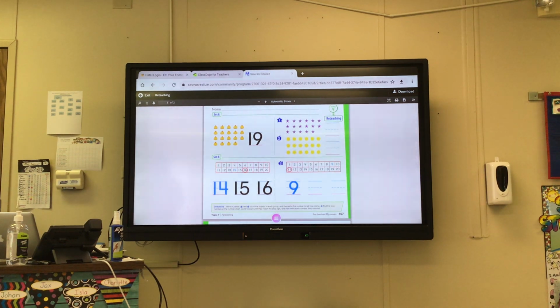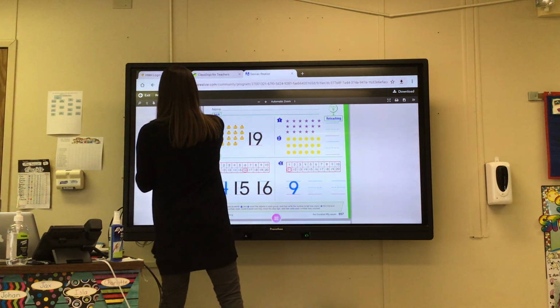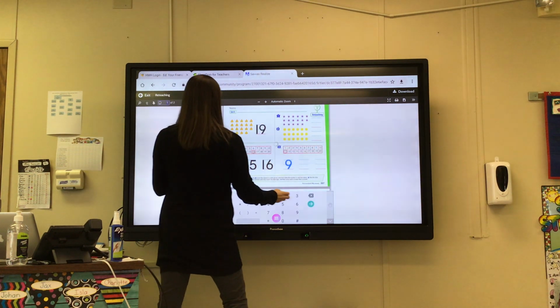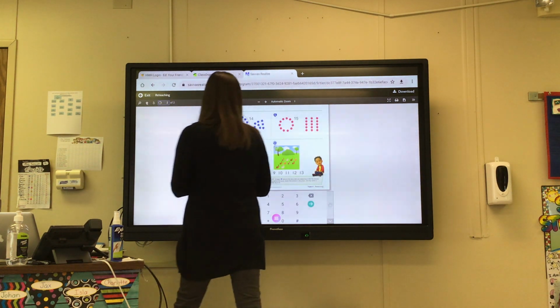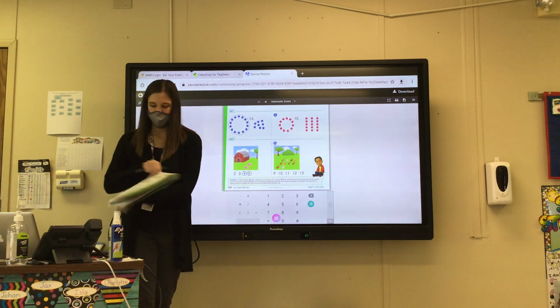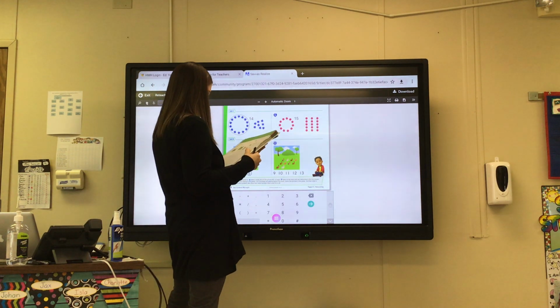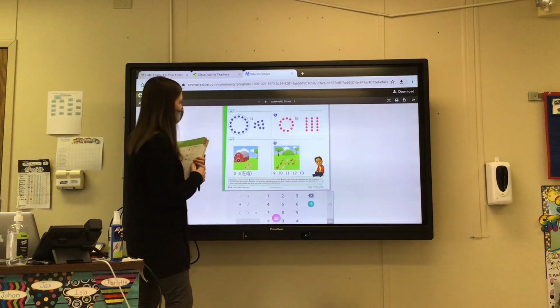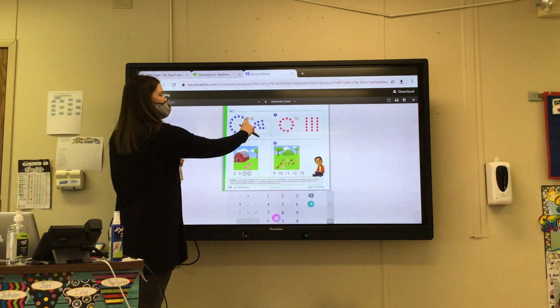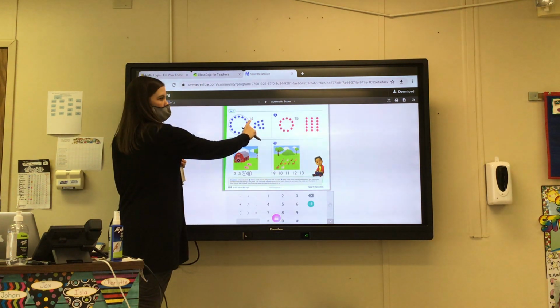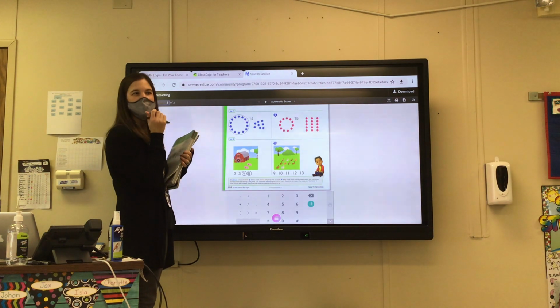All right, very good. We can go ahead and turn to the last page, which will look like this. Okay, what number do they have here? 14.